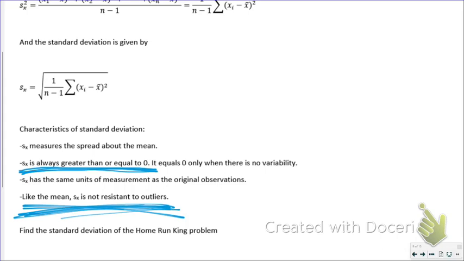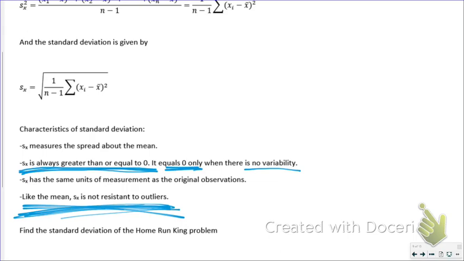Cross it out. If for some reason standard deviation is 0, that means there is no variability. All right? They love when you talk about variability. Most data sets, 99% of them, have variability. Therefore, they have a standard deviation.